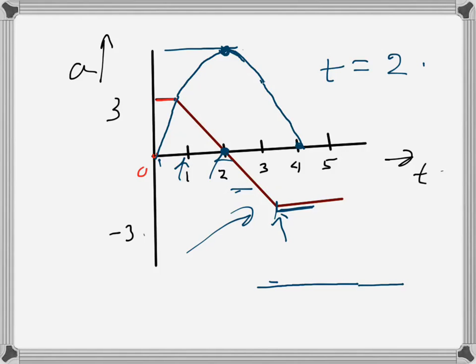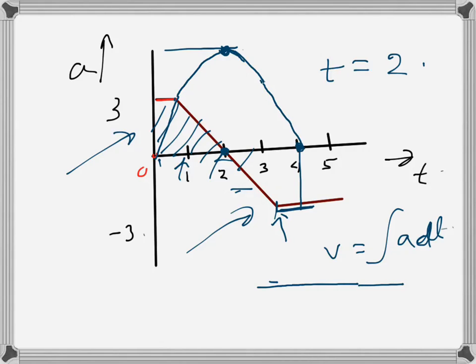The negative and the positive are the same, so the total area will be 0 here, and we know that velocity is just the area. So when the area is 0, the velocity will become 0. So at t is equal to 4, the velocity will be 0.